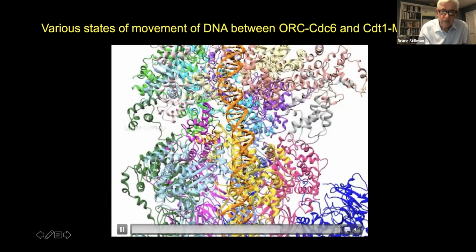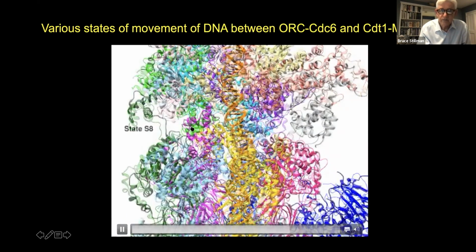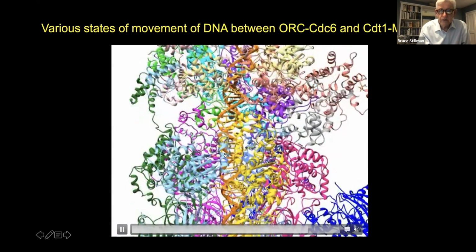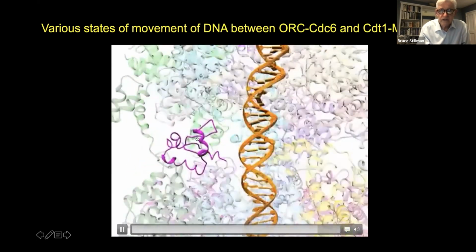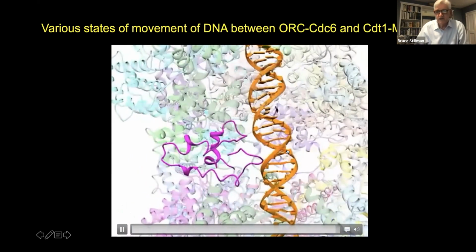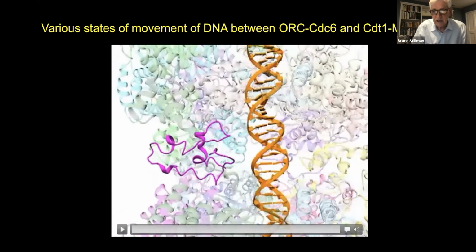The MCM4 winged helix domain shown in purple is moved out of this structure to accommodate the DNA. And you can see that when this moves out, it actually interacts with the double helix phosphates and stabilizes that structure. So this MCM4 winged helix has to profoundly move out, as does the MCM5 winged helix, out of this channel to enable the DNA to get inserted.